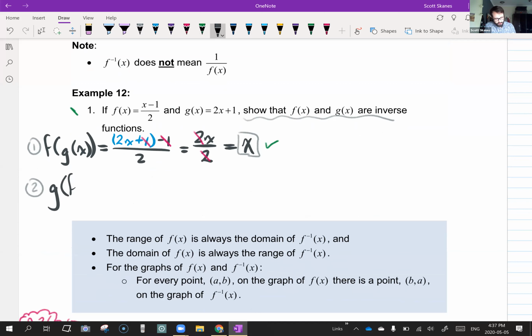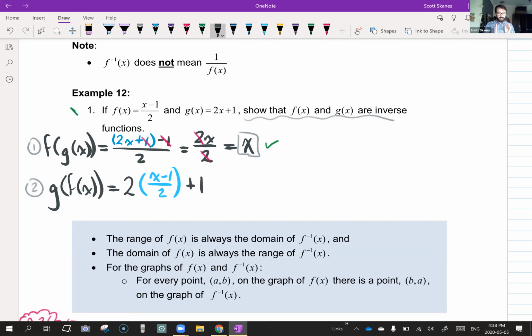Let's put the function f of x inside. What does it give me? Well, the function is 2x plus 1. So I'm going to take the 2. I'm going to replace the x with x minus 1 all over 2, plus 1. So you should not have any trouble simplifying this.